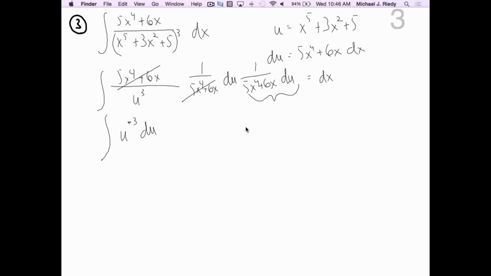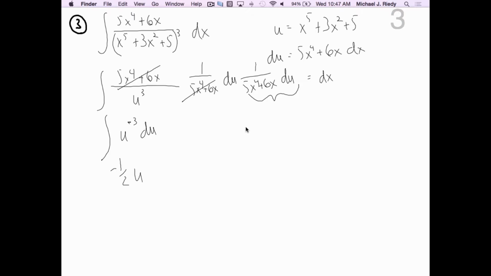All right, Carolyn, let's finish this. What's the antiderivative of u to the negative 3? Don't look at me in that tone of voice. For antiderivatives, you add to the exponent.